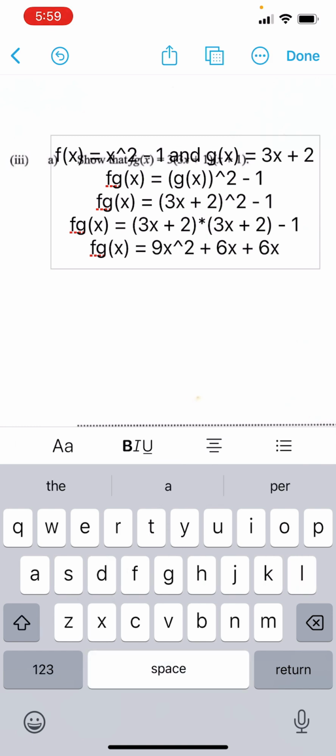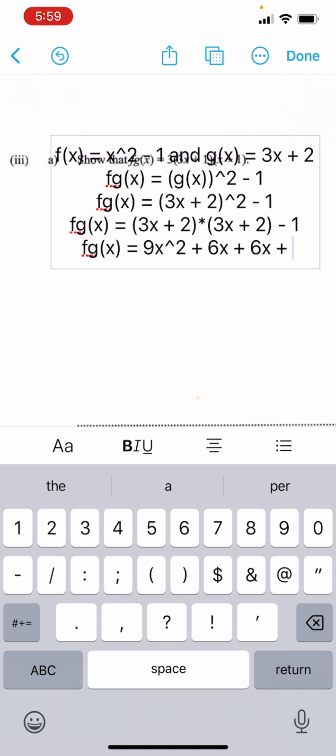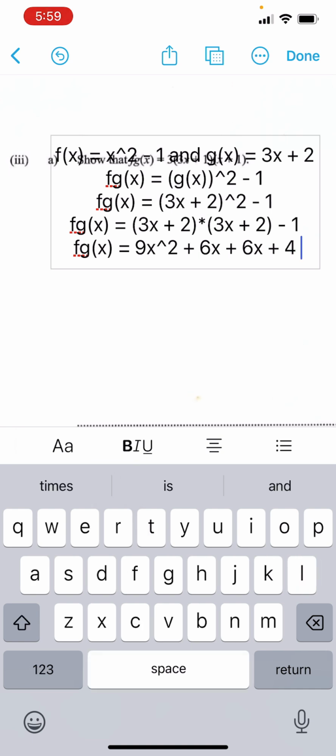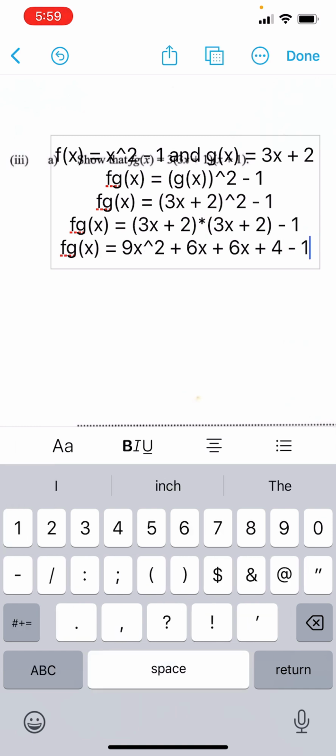And it's going to be now the second term of the first bracket with the second term of the second bracket. 2 times 2, which is 4. Now, at this point, the multiplication is finished. So it's safe to add the -1 here.